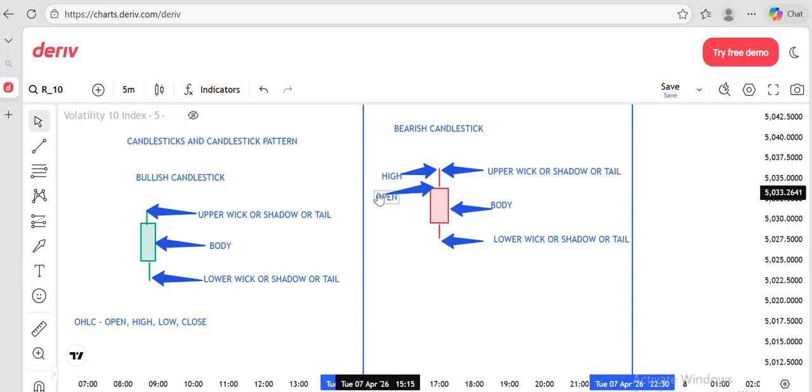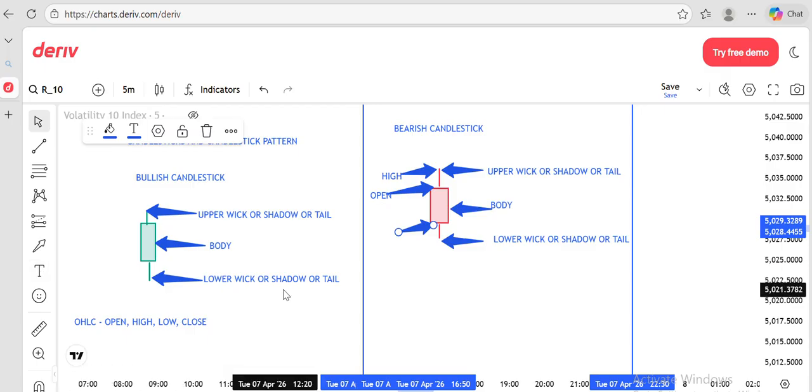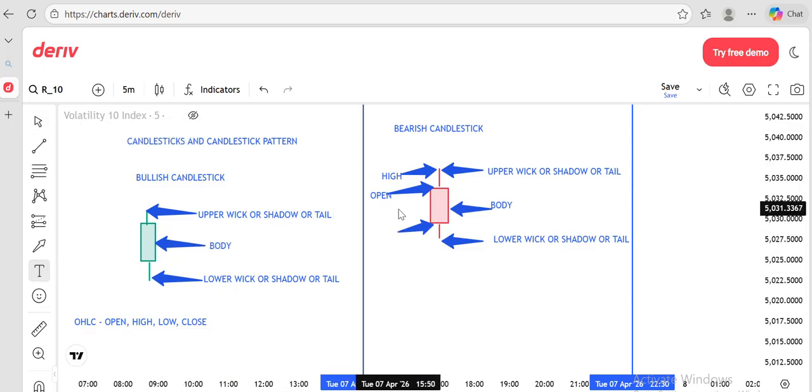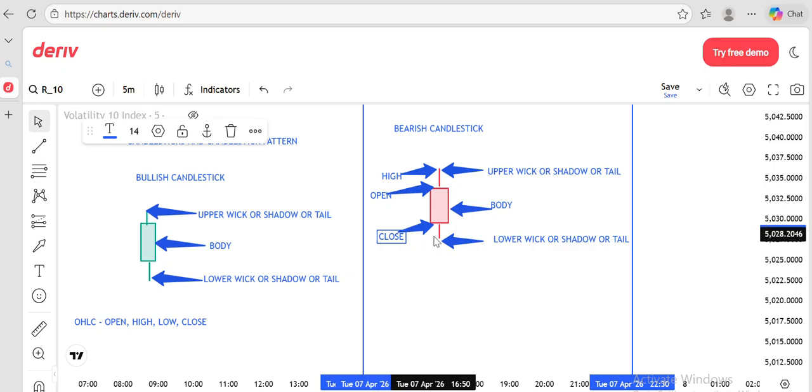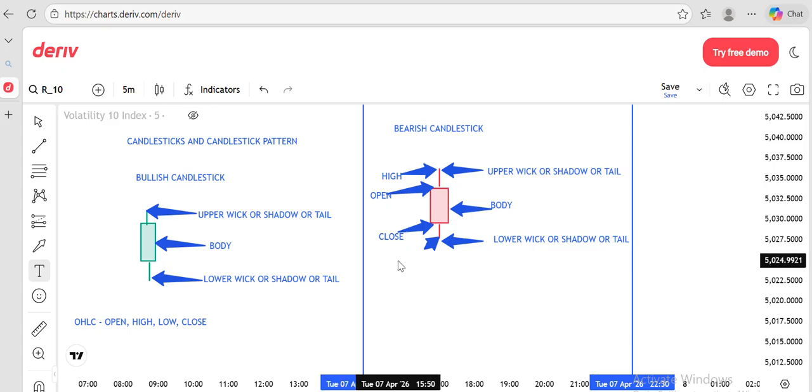Here is called the close. And of course, like I said, here is called the low. As simple as that.